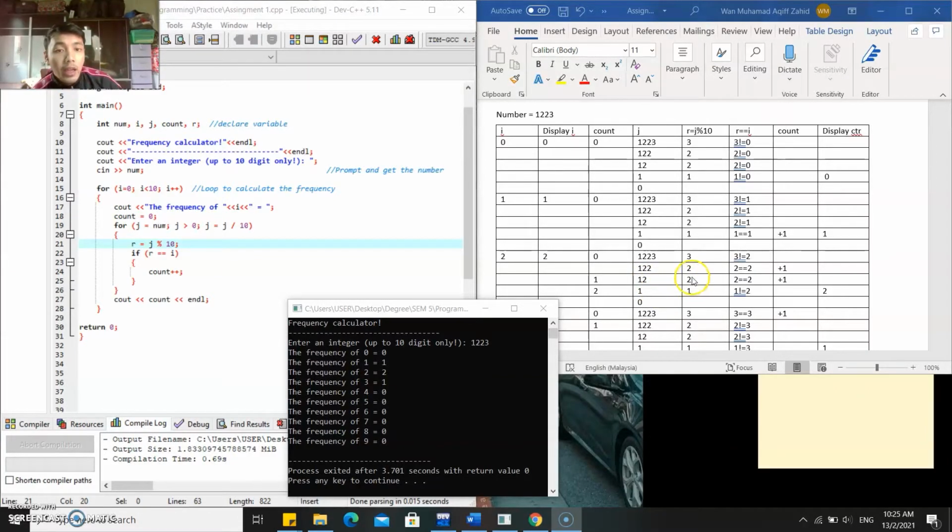And then 12 modulus by 10, we are left with 2, and 2 is equal to 2. So we add again count with 1. At this time, count becomes 2. And then again, we divide 12 by 10, it becomes 1. 1 modulus by 10 becomes 1, and 1 is not equal to 2. So count will not be added. And then we display the 2.